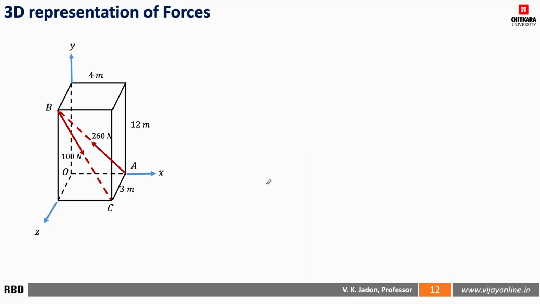So I will be giving you the derivation or the solution for FAB. I expect that FBC you will find on your own. So, unit vector along AB: first we have to find the unit vector along AB.